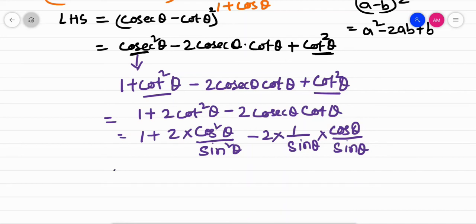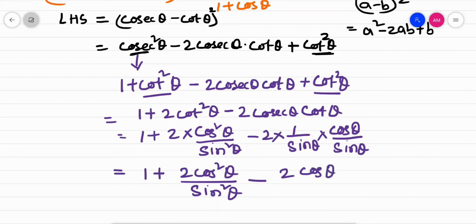Now see here what you are getting. 1 plus 2 cos square theta by sin square theta. Okay? Minus 2 into 1 into cos theta, that is 2 cos theta, divided by sin square theta. Okay, now see, here you are getting sin square theta.